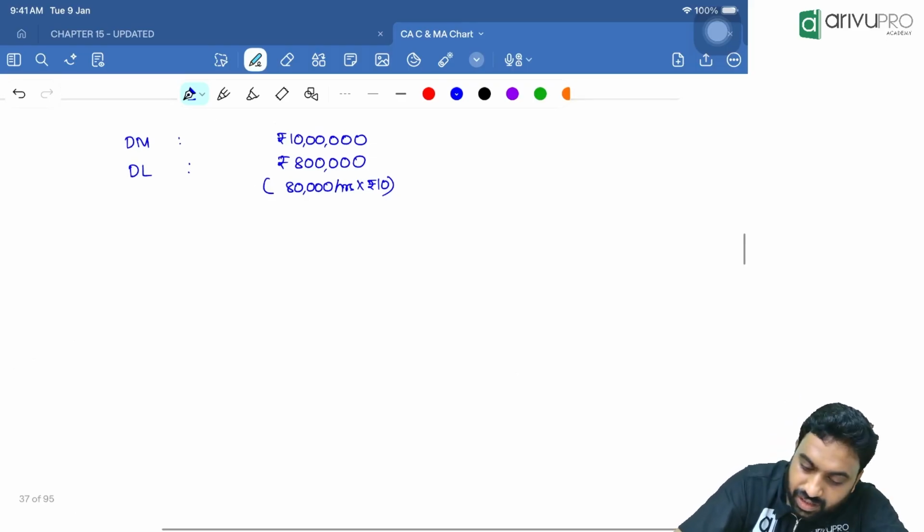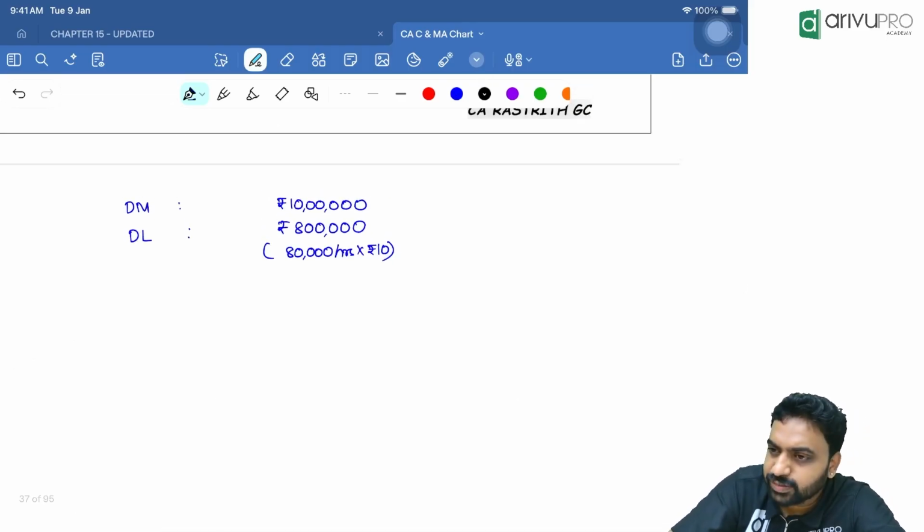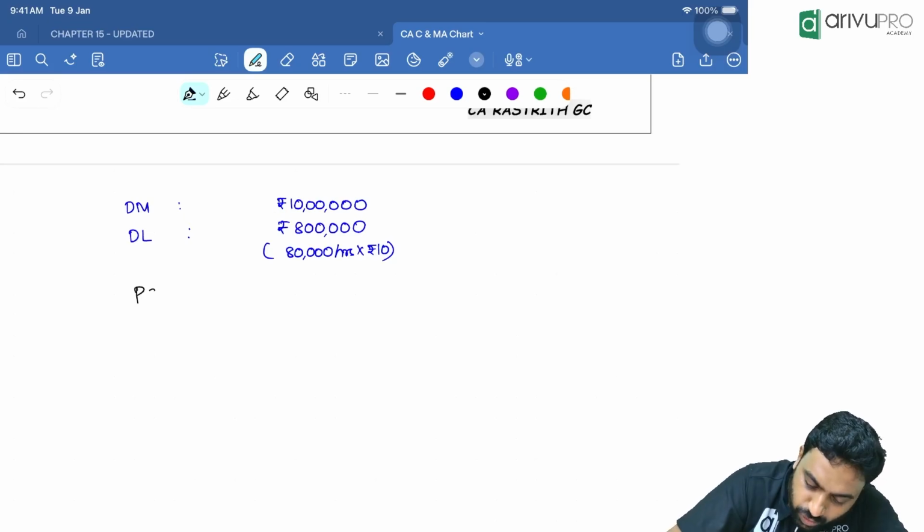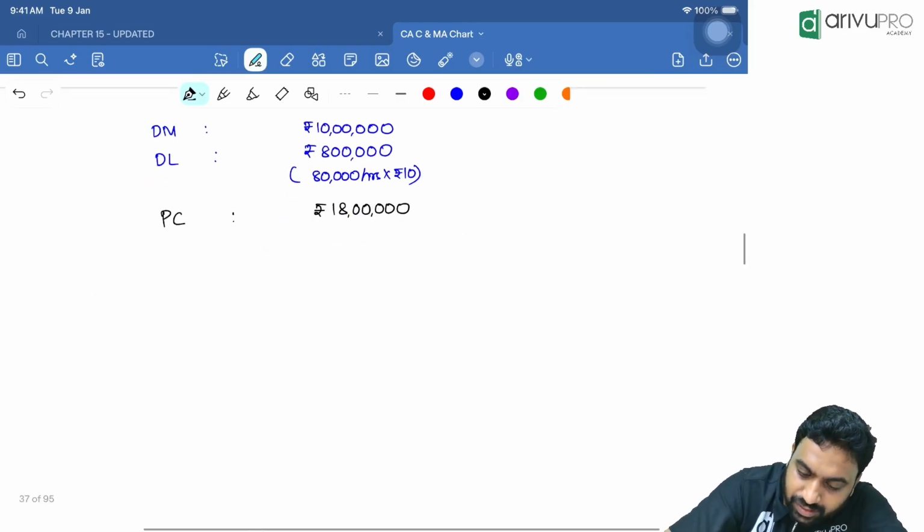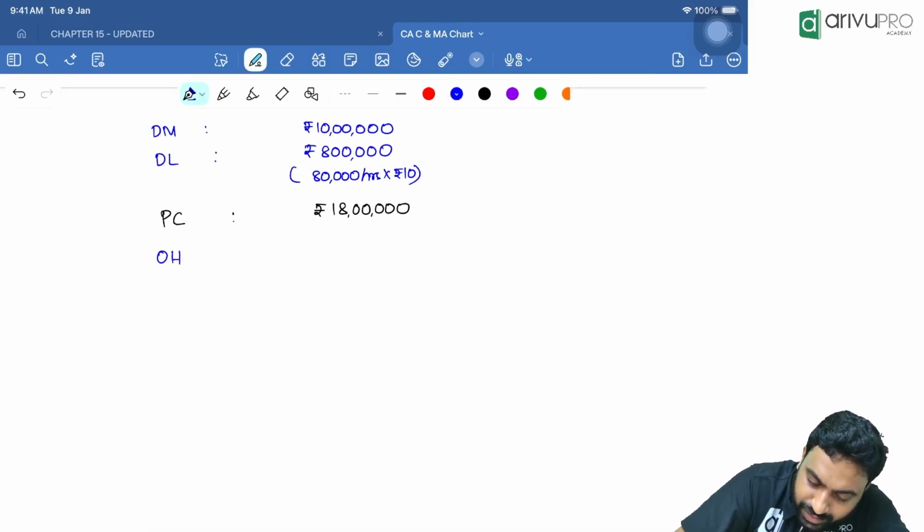Okay, now I will assume there is no direct expense as such, so it will give you prime cost, which is 18 lakhs. Then we will add the overhead. Let's assume overhead is around 9 lakh.